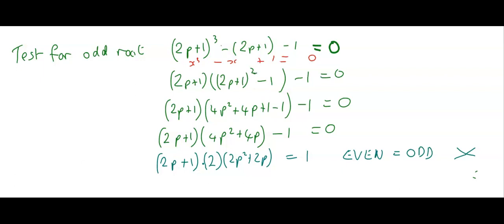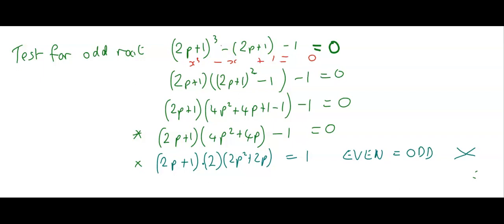Squared. And so if I multiply my brackets out, I eventually arrive at this result here. And then I put it into this form here, (2p + 1) multiplied by 2 multiplied by (2p^2 + 2p) will equal 1 if I add 1 to both sides of the equation, which implies that an even number equals an odd number.